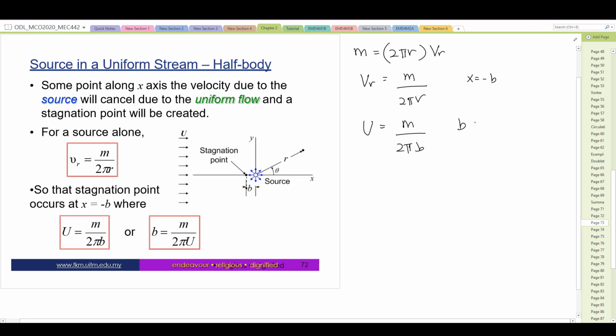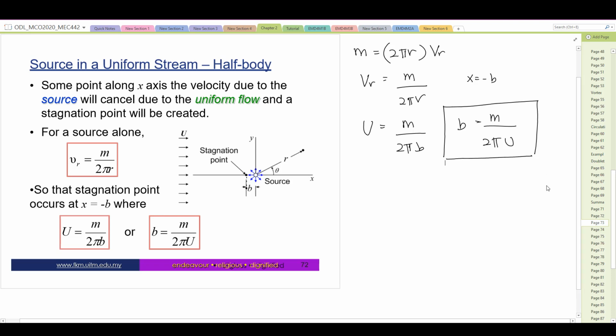To find the stagnation point, b equals m over 2 pi U. This is how to determine the stagnation point for this case.